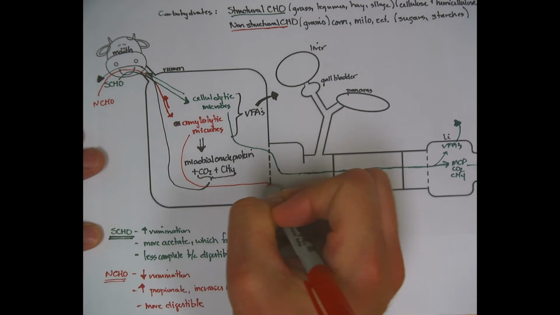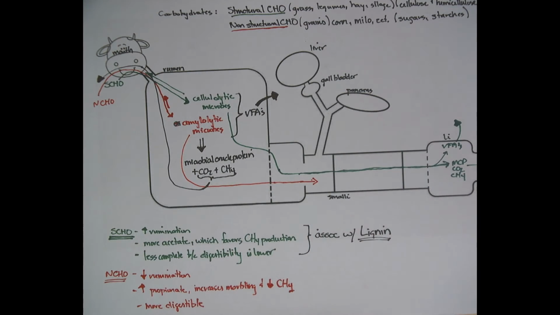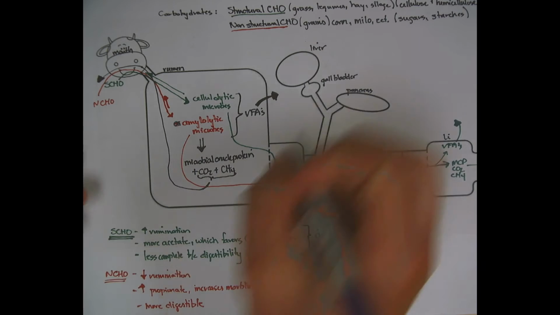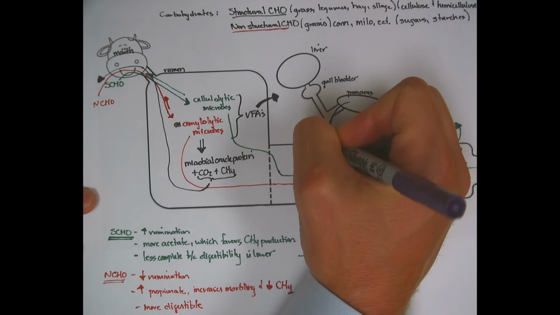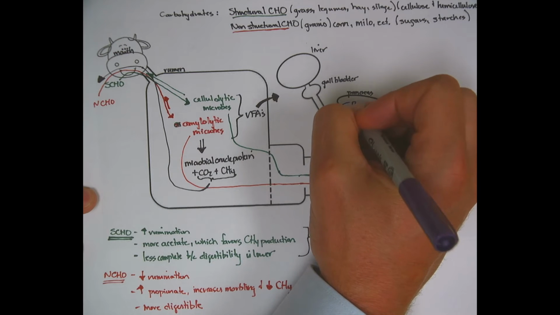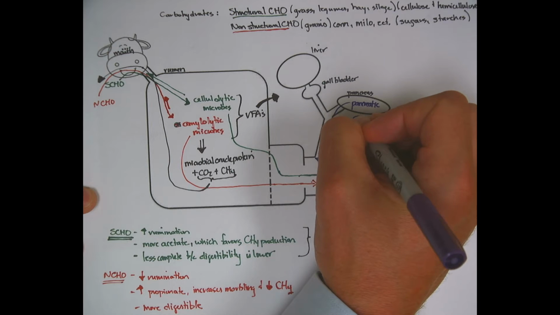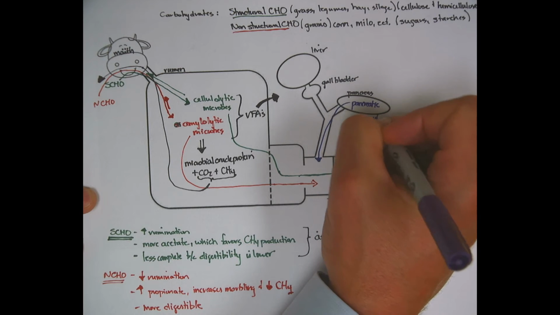Non-structural carbohydrates are a little different in that the pancreas produces enzymes, and the main enzyme that we're worried about the pancreas producing this time is pancreatic alpha amylase.